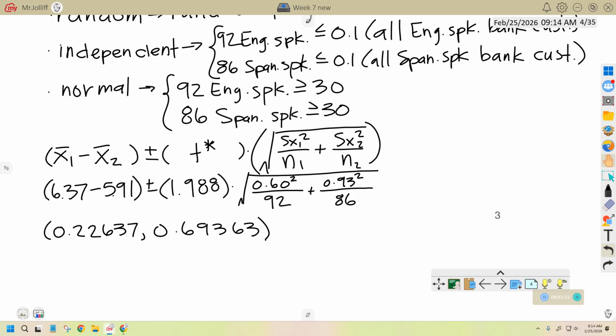The calculator is using that 100-something degrees of freedom to calculate its critical value. We used 85 as the degrees of freedom to calculate our critical value. So their t star is going to be a little bit smaller and their interval will be a little bit narrower on the calculator than yours would be. That's okay. The graders will account for both. As long as you have shown your work, you will be fine.